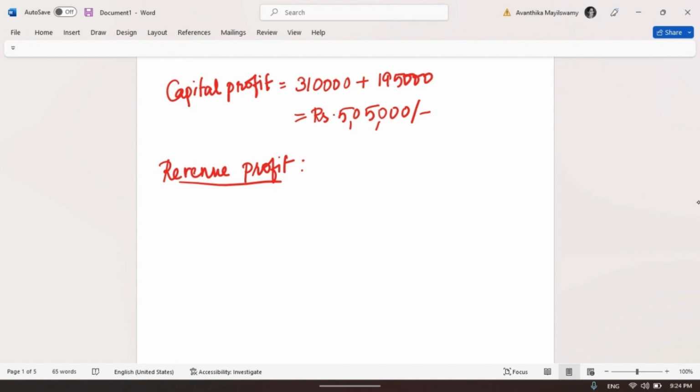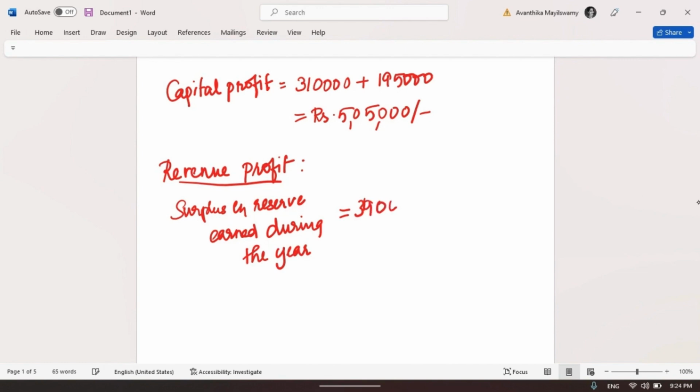So from the total surplus and reserve earned during the year, we have to calculate for the last 6 months, which is equal to 3,90,000 into 6 by 12 or 1 by 2, which is equal to rupees 1,95,000.